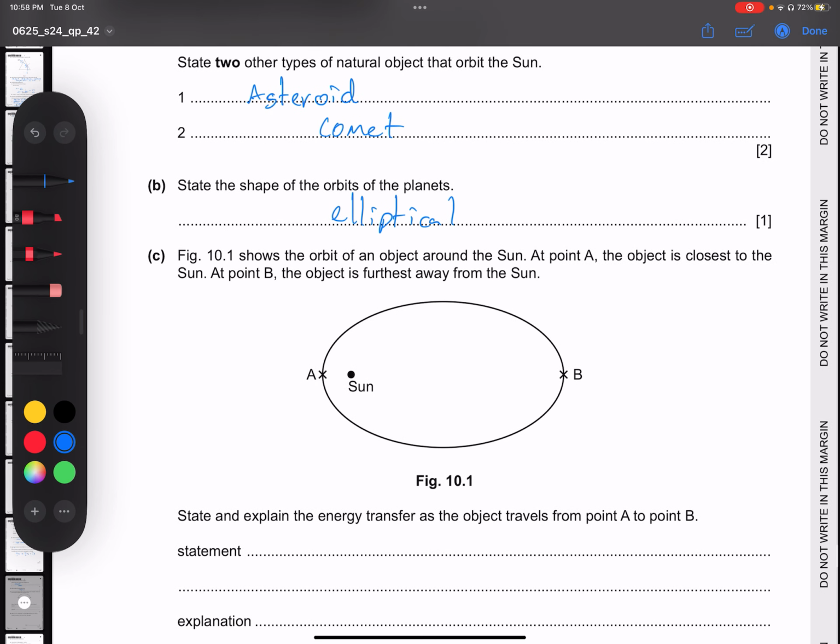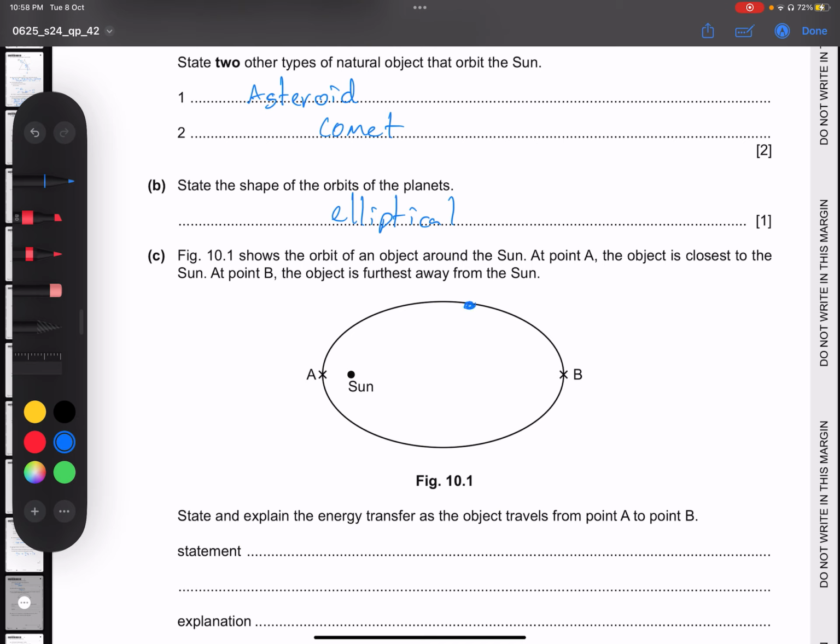Okay, figure 10.1 shows the orbit of an object around the sun. At point A, the object is closest to the sun. At point B, the object is furthest away from the sun. State and explain the energy transfer as the object travels from point A to point B. The first thing to consider is that throughout the orbit, the total amount of energy never changes.